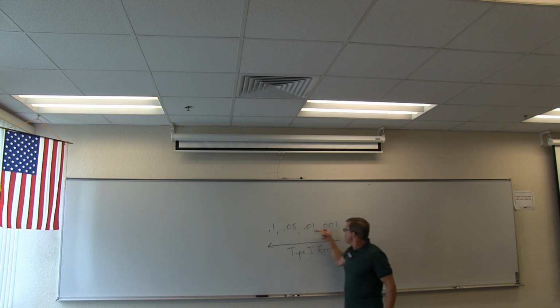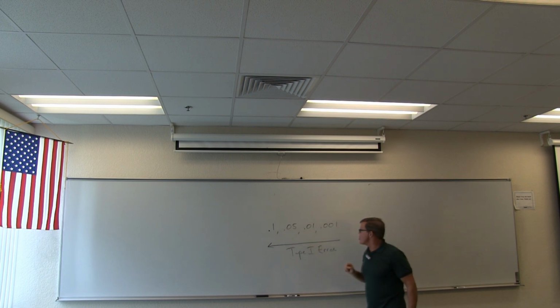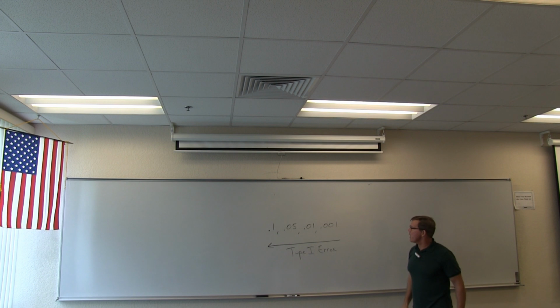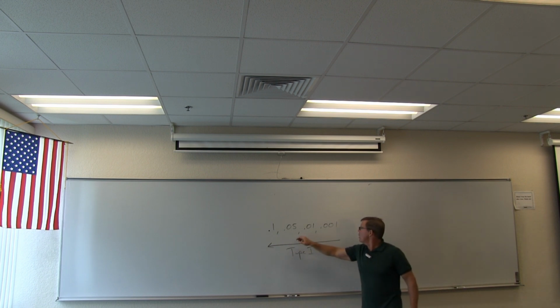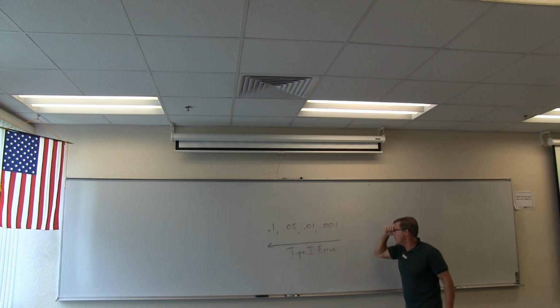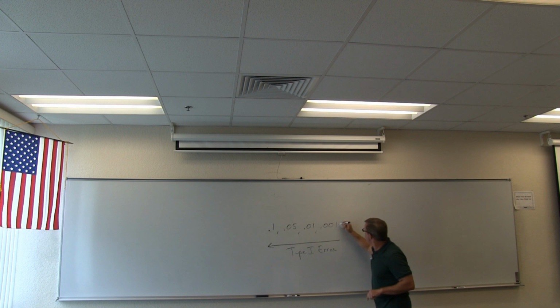As these numbers go in this direction, they get larger. So the likelihood of committing a type 1 error here is higher than the likelihood of committing a type 1 error here or here. This is considered pretty conservative.